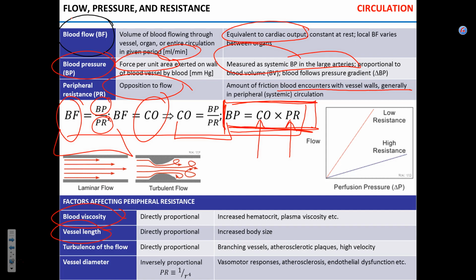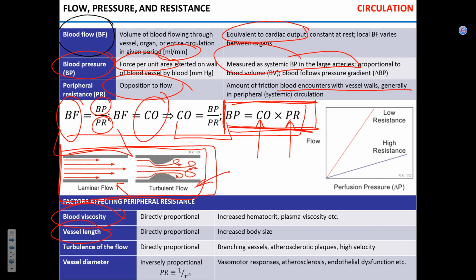Vessel length. The larger the body size, the larger the blood pressure. There are mechanisms to accommodate for it, but generally speaking, when people become bigger, not athletically bigger, that leads to increased blood pressure in the long-term perspective. Flow turbulence. This image, right above the table, shows you the laminar flow on the left and turbulent flow on the right.